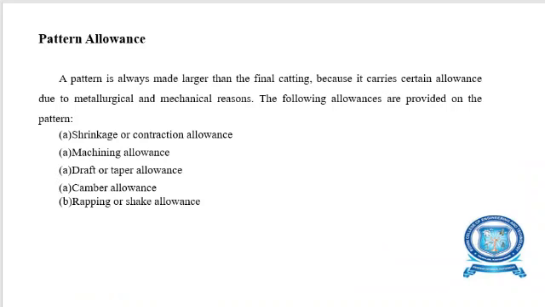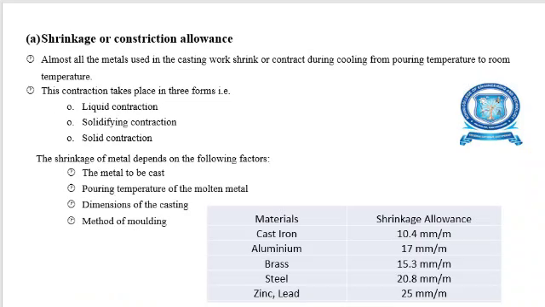Pattern allowance: shrinkage allowance, machining allowance, draft allowance, camber allowance, ramming allowance. Shrinkage allowance: almost all the metals used in casting shrink or contract during cooling from pouring temperature to room temperature.